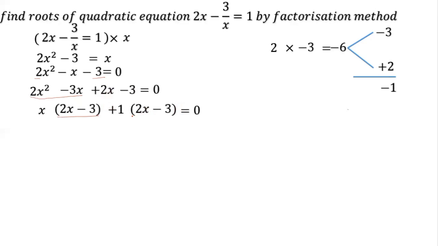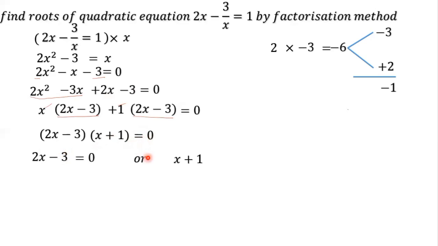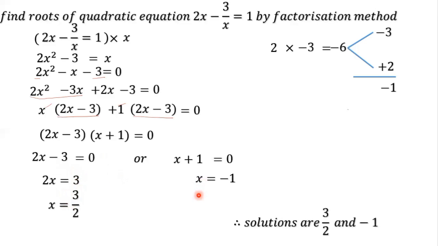Now the two terms are x into 2x minus 3 plus 1 into 2x minus 3, where 2x minus 3 is common, into x plus 1 is equal to 0. So 2x minus 3 is equal to 0 or x plus 1 is equal to 0. So 2x is equal to 3, x is equal to 3 by 2, or x is equal to minus 1. Therefore, the solutions are 3 by 2 and minus 1.